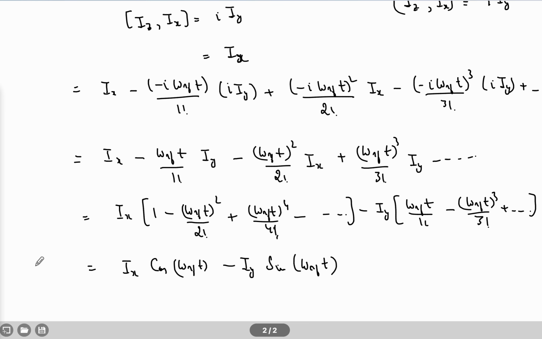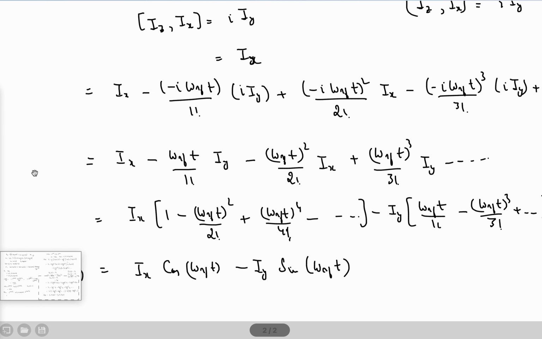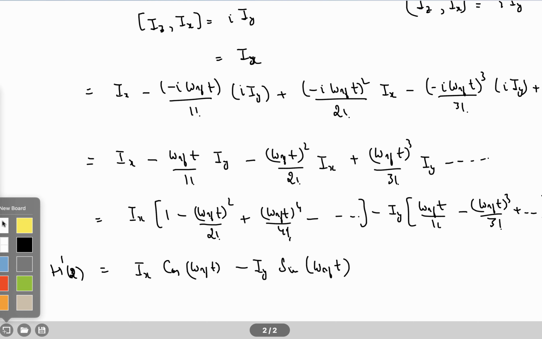Right? So this was the second part. Now let's see what the third part is over here. The third part was the Iy term. Okay.